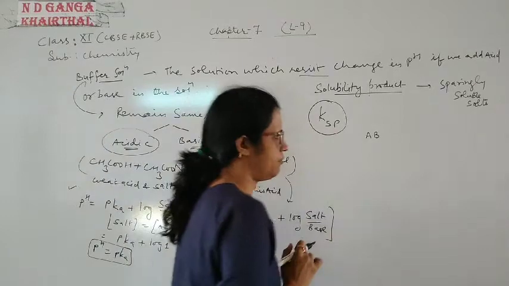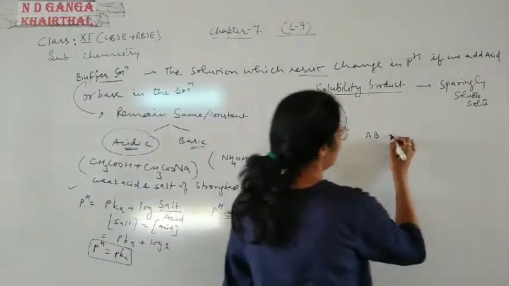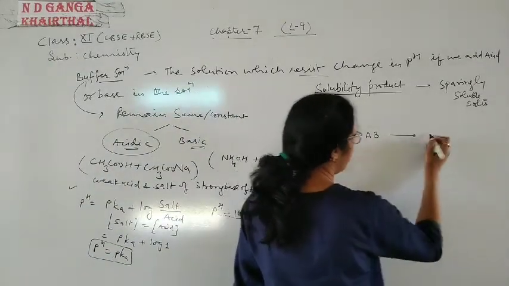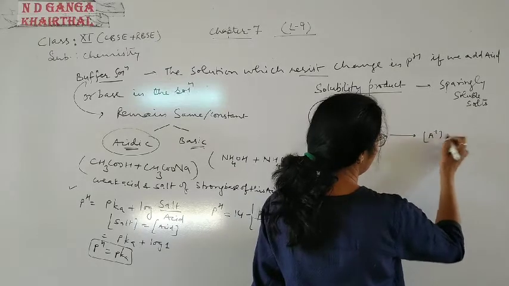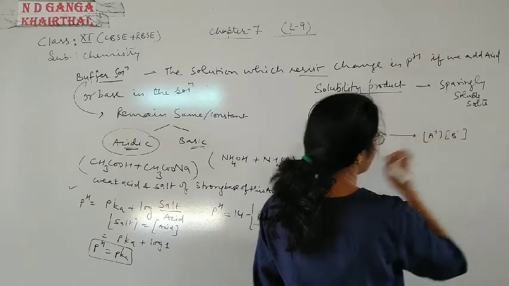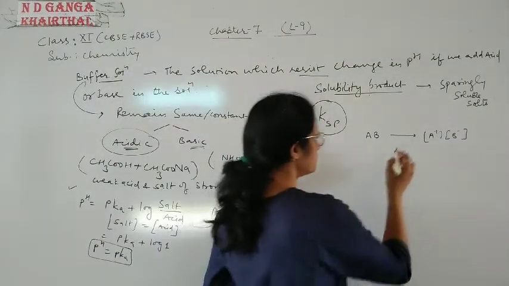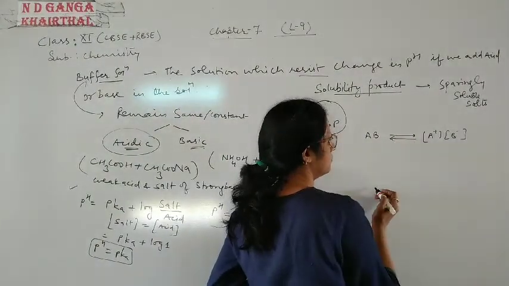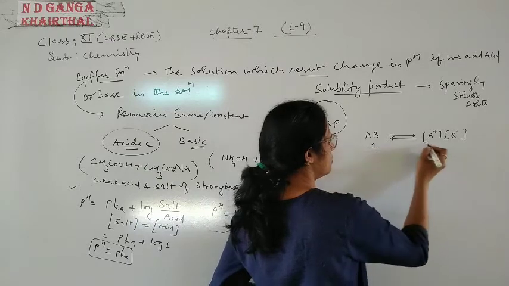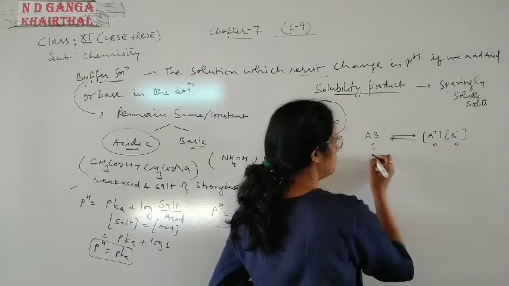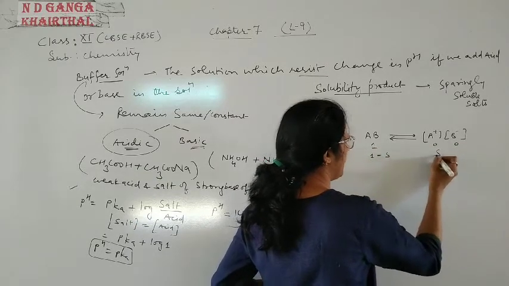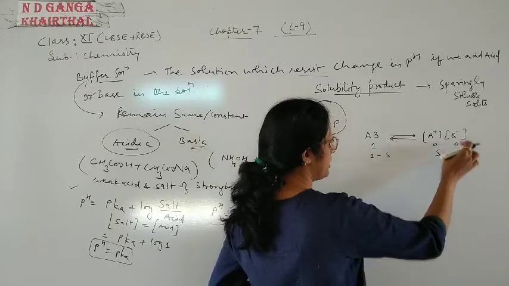You have a salt AB. It is a sparingly soluble salt and it ionizes into A ion and B ion. Clear? At the start, it is 0, 0. It is 1 minus s, and it is s and it is s. The solubility of these ions is this.